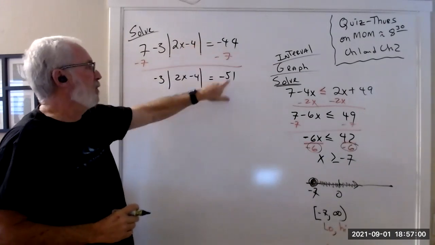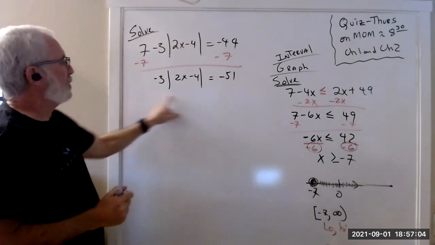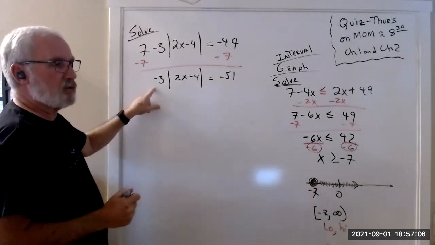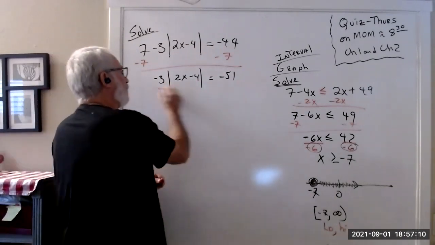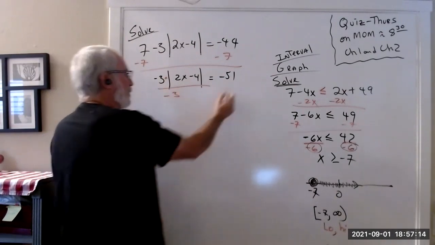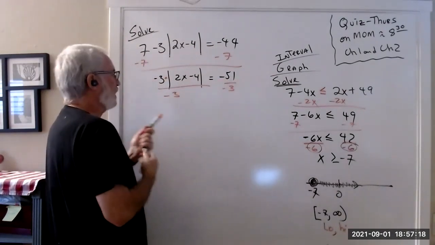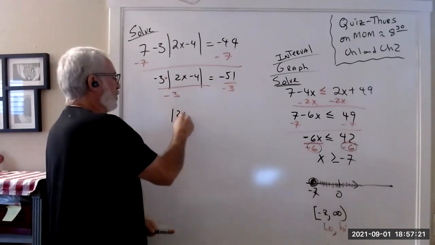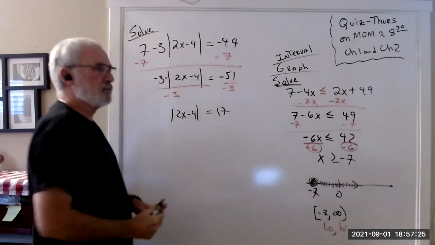You lost 7 more, so you lost 51. We still need to get absolute value totally alone, so we need to get rid of the negative 3. So we're going to divide, because that's negative 3 times, so we're going to divide by negative 3. That gives me the absolute value of 2x minus 4 equals 17.